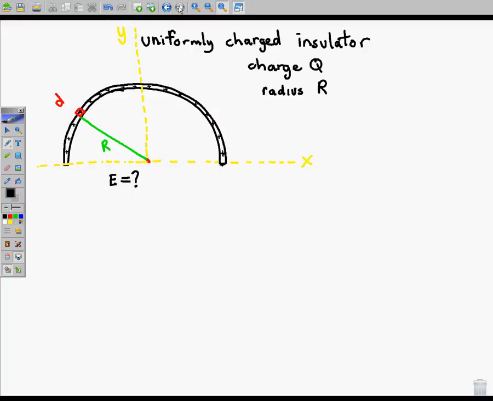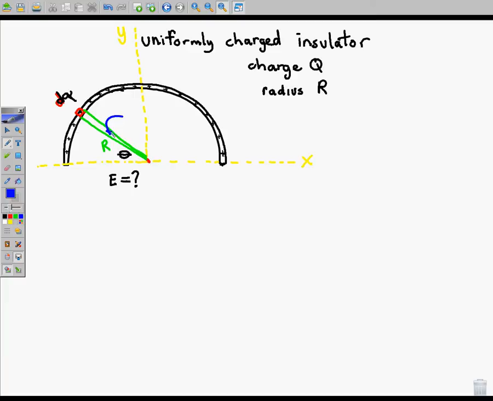So we go to the next screen here. So here is my little dq, and it's the radius R. What I'm going to have to do, folks, is realize that if this here is an angle theta, that little dq is going to extend the R over, and right in there, that's going to be a little change in angle.